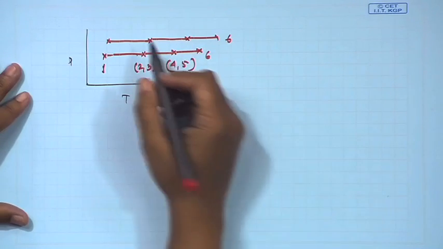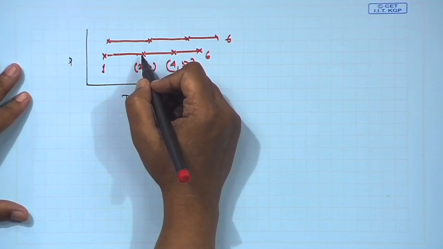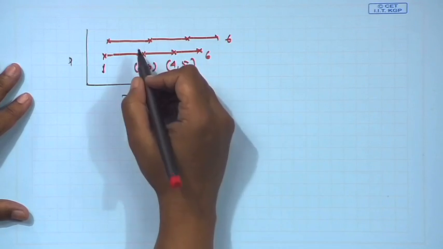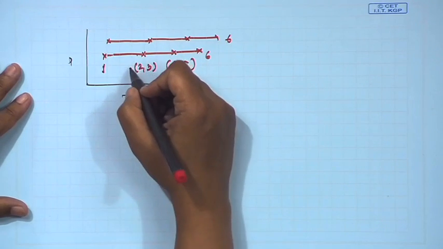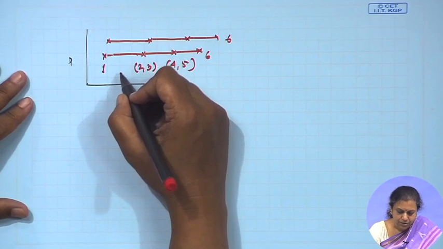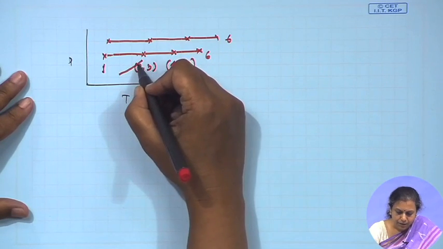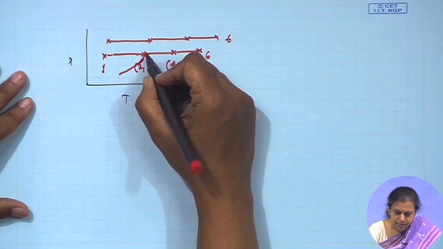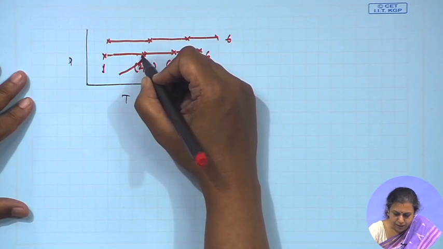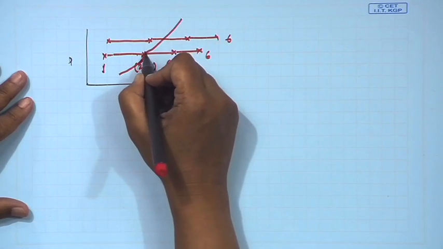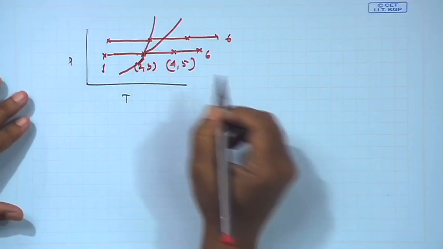Again we join the different saturation points to give us saturation curves, and what do we get? We get something of this sort. I could not draw them well, but this is going to be something of this sort.